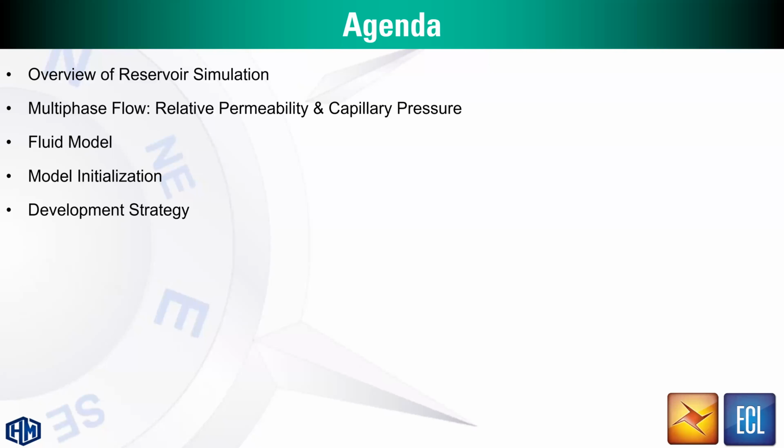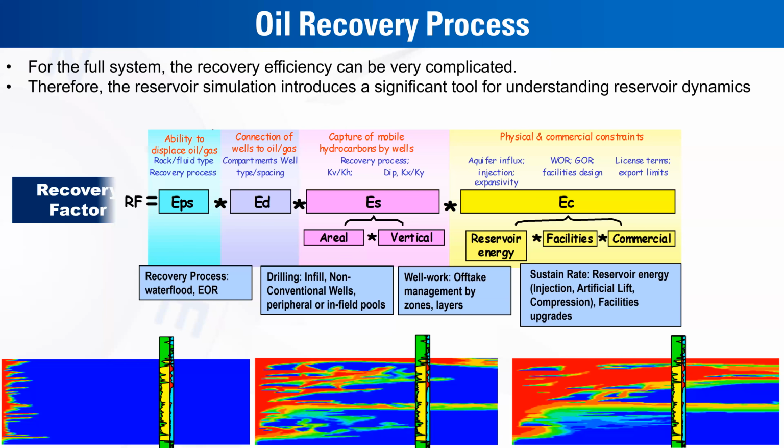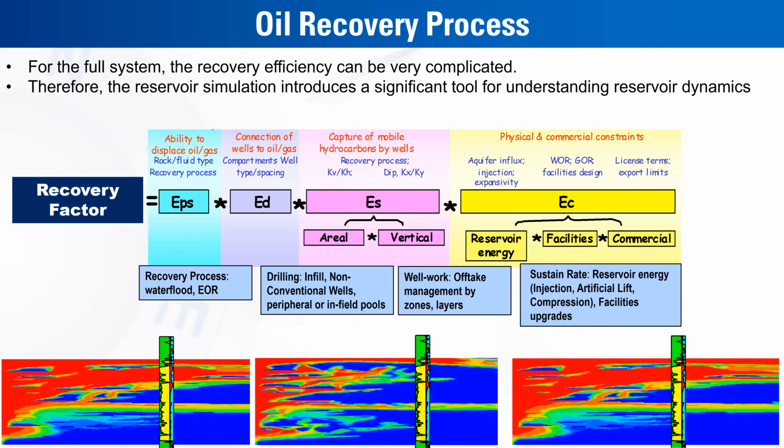Some of them are related to the reservoir parameters, rock and fluid interactions, the ability to displace oil or gas throughout the porous media, and also the connections between wells and the reservoir, which is the main exit of reservoir fluids from the media through well completion.